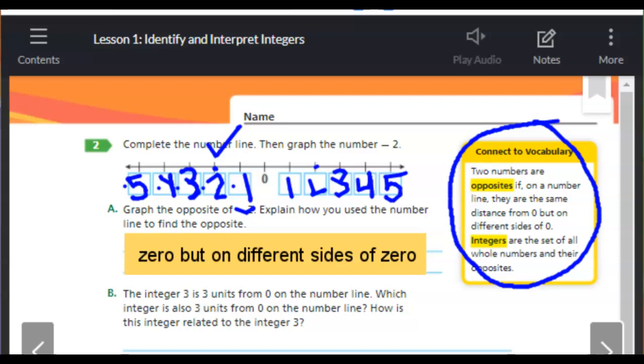And this explanation will work with anything when you're talking about opposites. You'll just take out the 2 and -2 and put the numbers that you're working with.